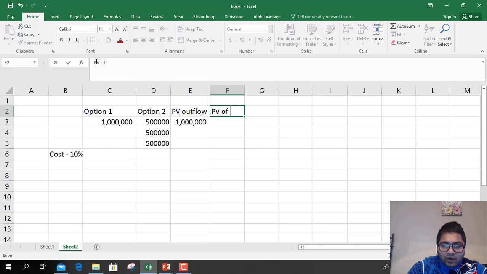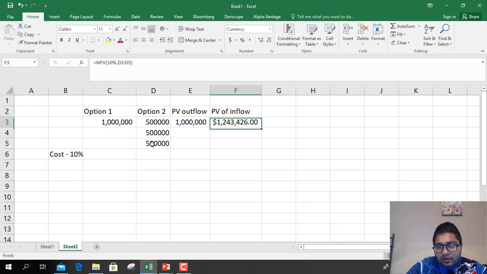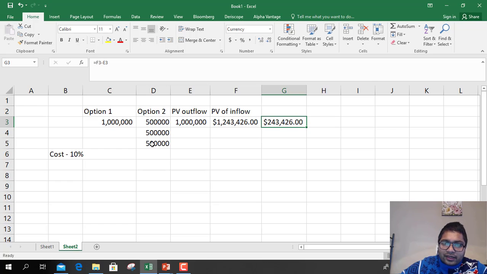So if you're giving up $1 million right now to get 500,000 each year, so NPV, rate 10%, and values, these three values. So it is 1.2. So 243,000 is the NPV. So you should take the second option. According to the NPV rule, you should take the second option.